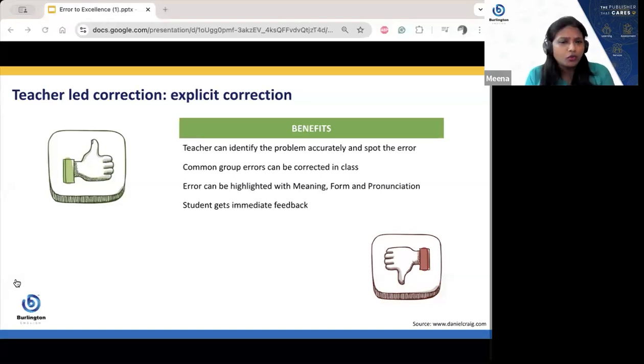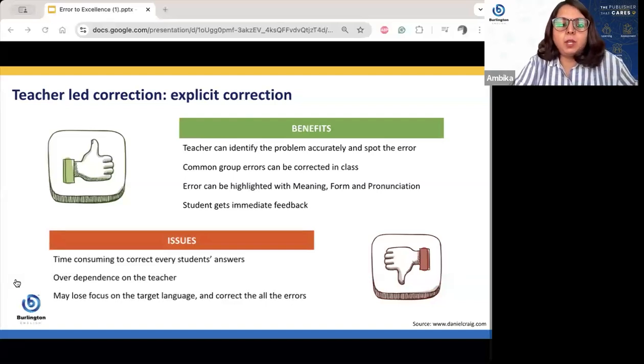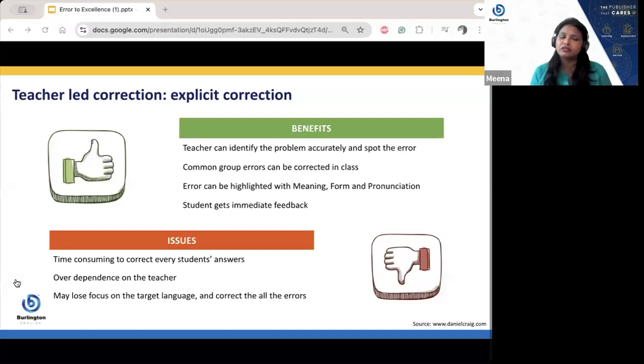And could over dependence on the teacher be a problem? Absolutely. Maybe the children will depend upon the teacher to point out the errors. They may not start thinking by themselves. Absolutely. And for a teacher, another thing that we always have noticed with teachers is when we see errors, we don't just stick to that particular target language.